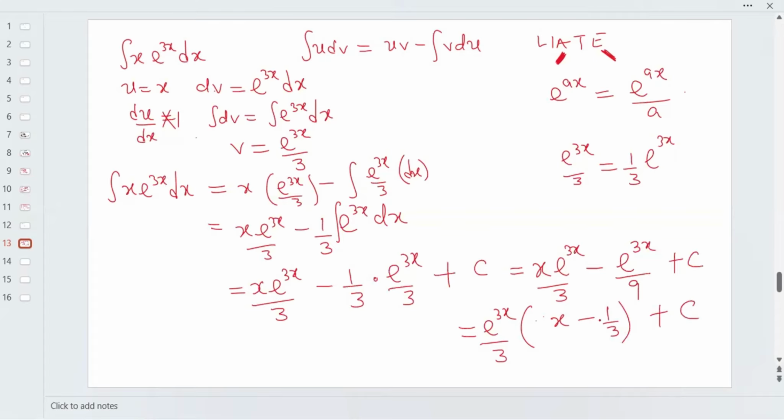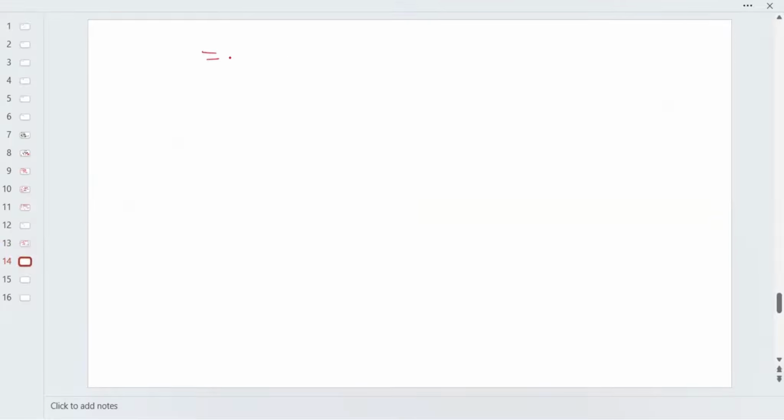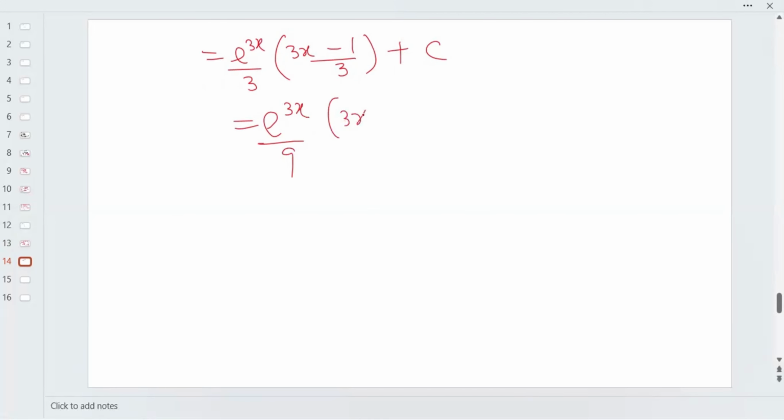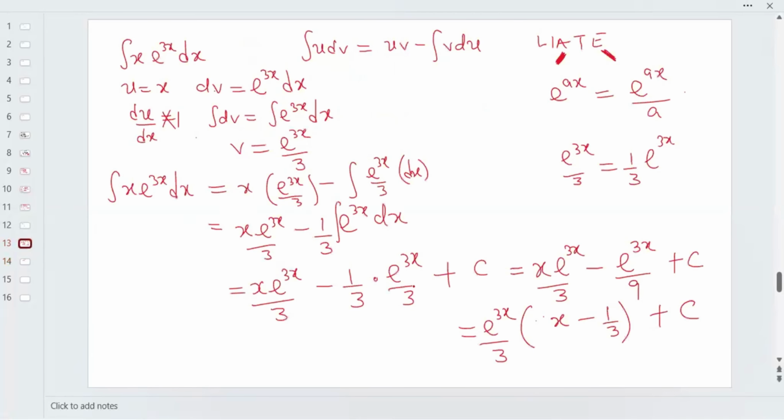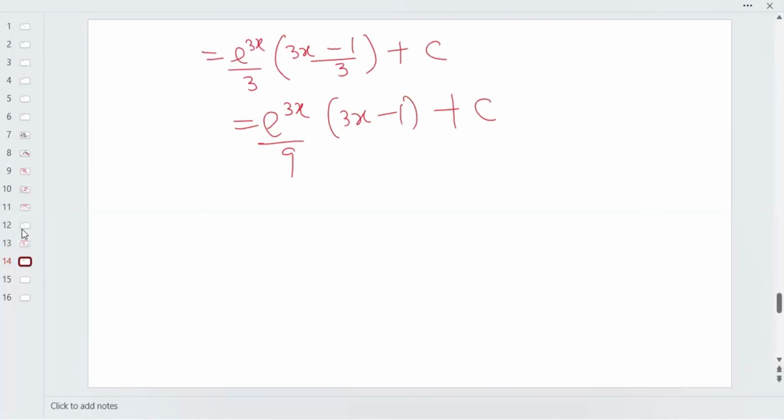I can look for my LCM, and at the end of the day this becomes exponential 3x over 3 times (3x minus 1) over 3, plus c. And I can bring this out so that it becomes exponential 3x over 9 times (3x minus 1). I took time to simplify that. We can actually just bring out 1 over 9 and do that, but I wanted to make sure we have a thorough simplification.